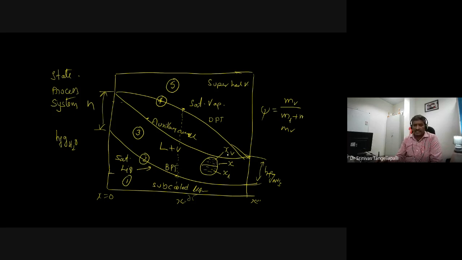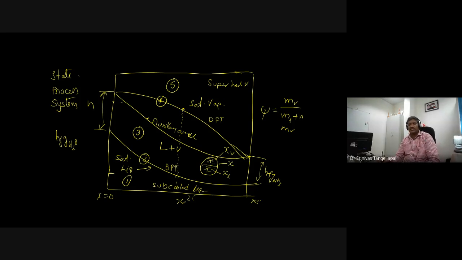Here XV is greater than XL. So there is a relation between XV, X and XL. All the temperatures are the same: vapor temperature, mixer temperature and liquid temperature, everything is at the same temperature. We have to identify this process as a same temperature process.